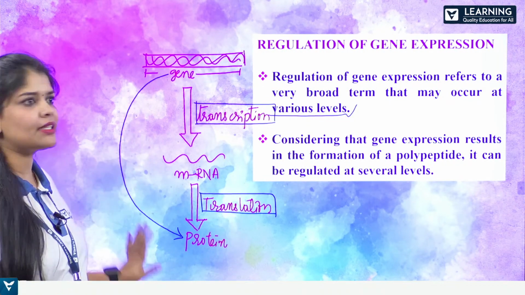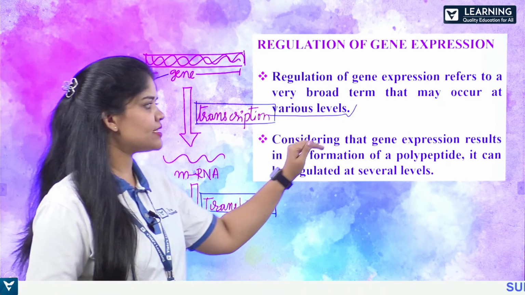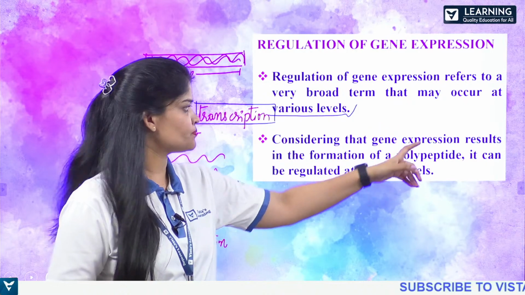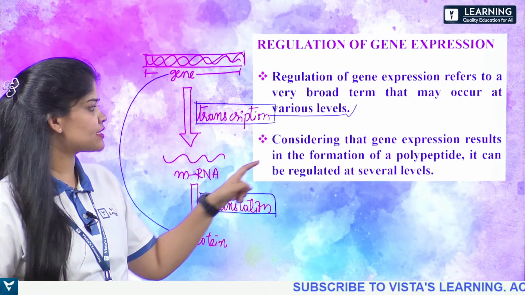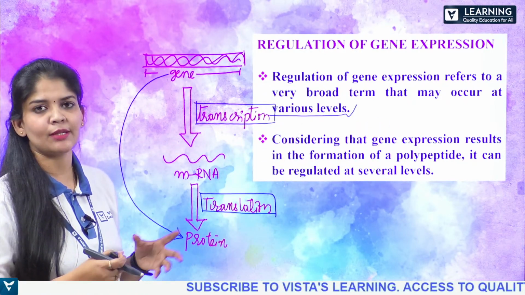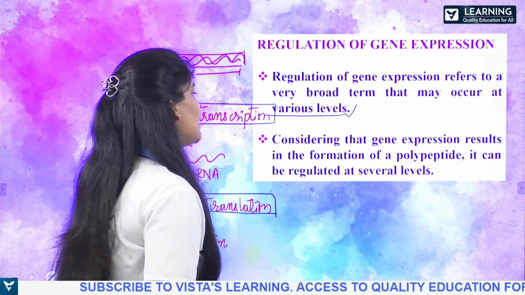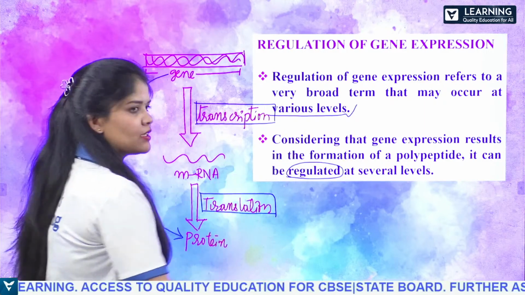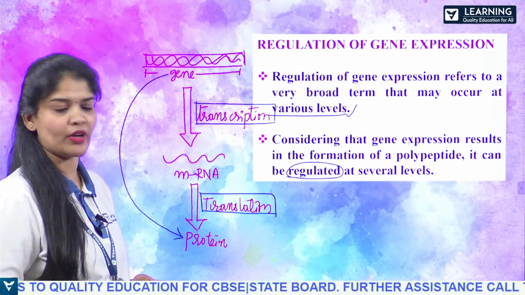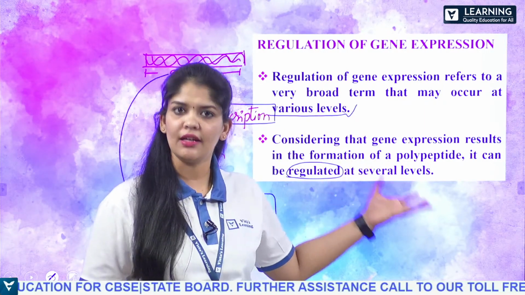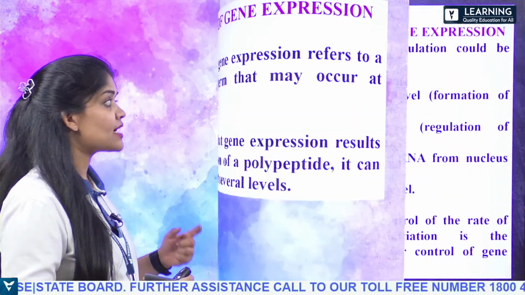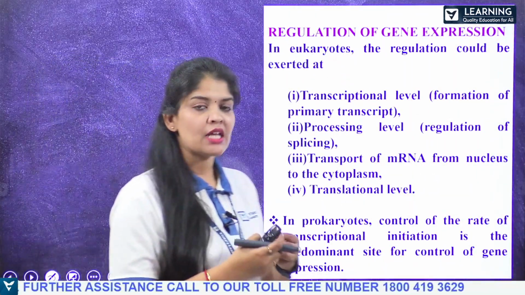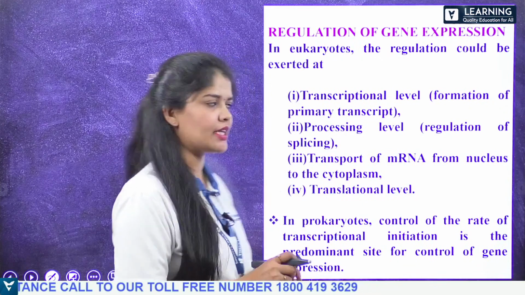So this is the ultimate expression of genes. This synthesis of the protein can be regulated at several levels. Let's look at the several levels at which gene expression can be regulated.